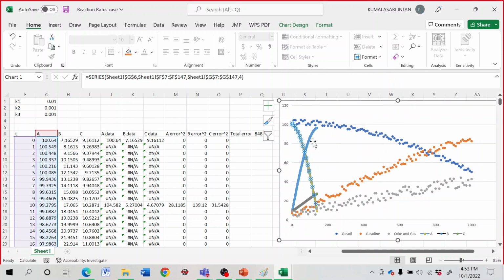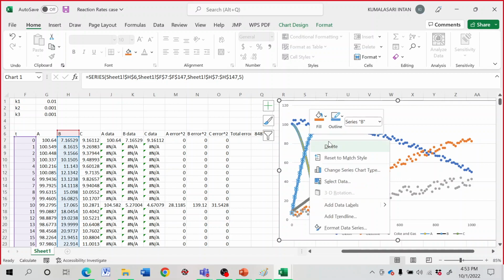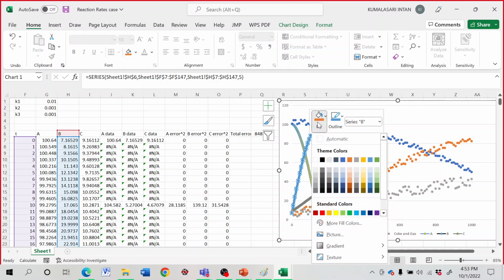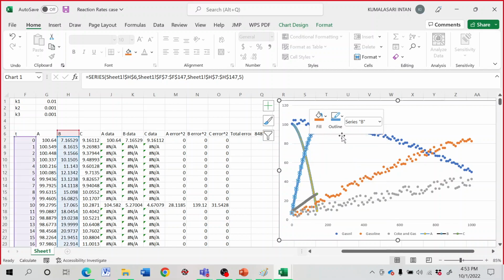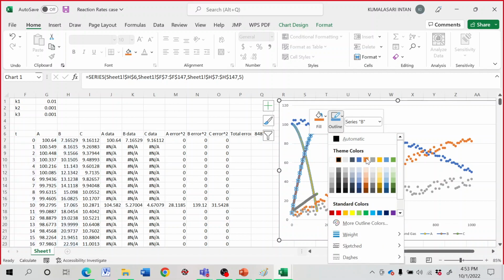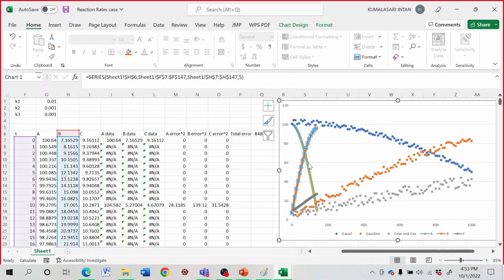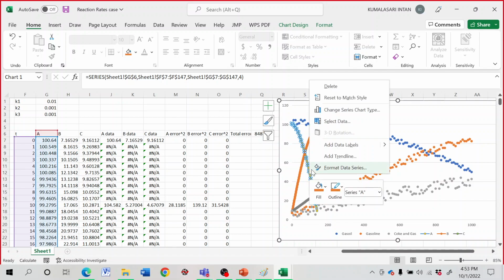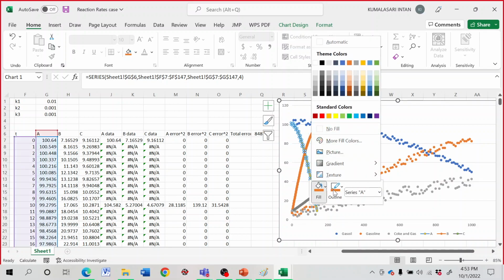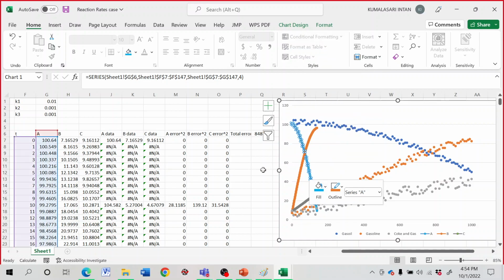That one, and this one you change it to fill. No, this one, then this one. Okay. Anyhow, this is the blue. Something like that. I don't know.